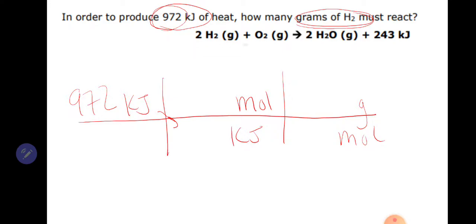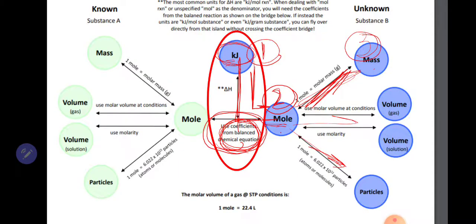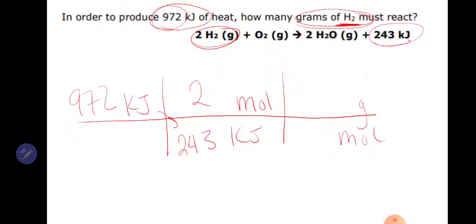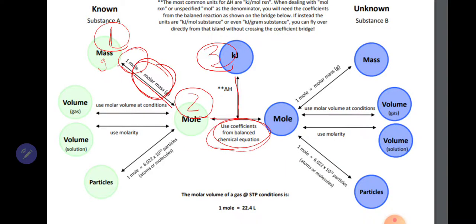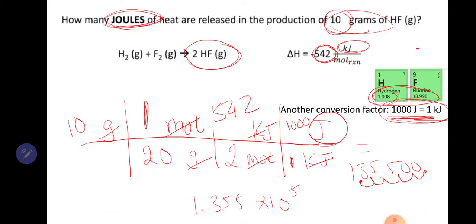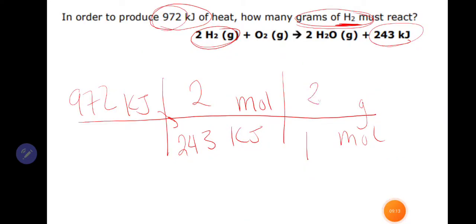I'm going to look at these balanced equations to get from energy to moles. So let's see. My balanced equation has this much energy, so 243. And H2, because that's what I'm looking for, we're going to use 2 for the moles because there's a big old 2 in front of it in that balanced equation. And now the last step, we're going to use 1 mole with the molar mass. 1 mole, and H2, hydrogen has a mass of 1, so if I have 2 of those, I'm going to have mass 2.